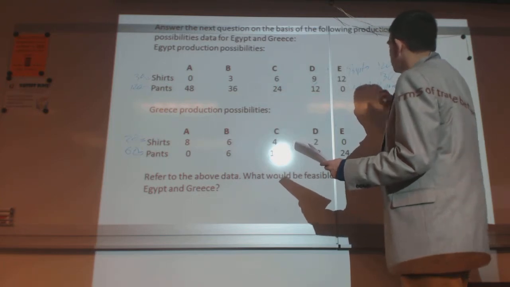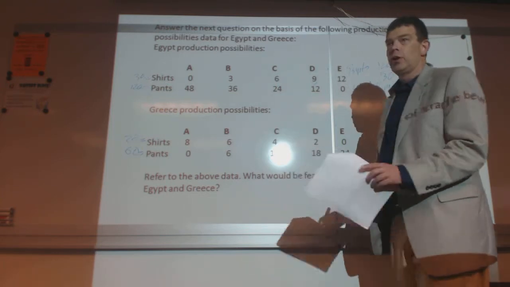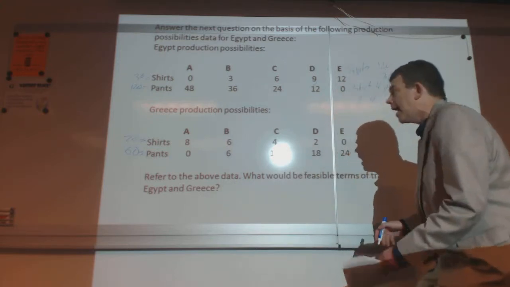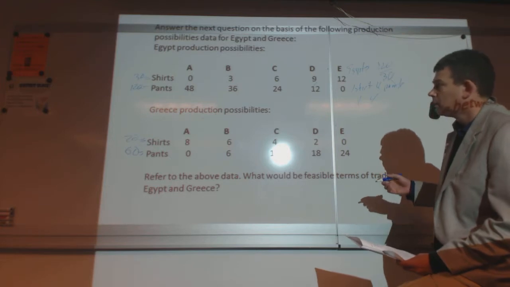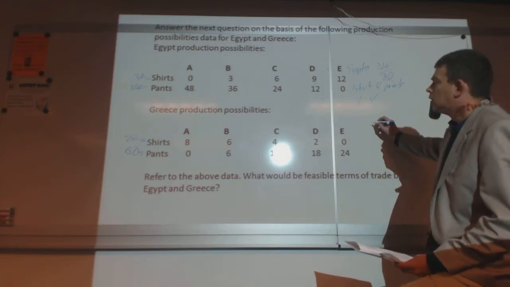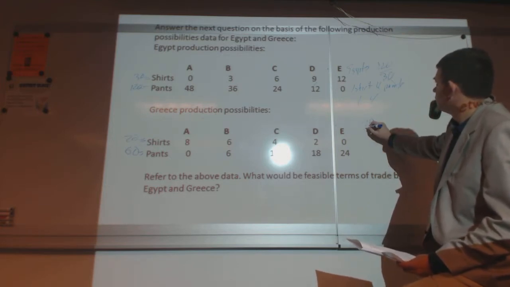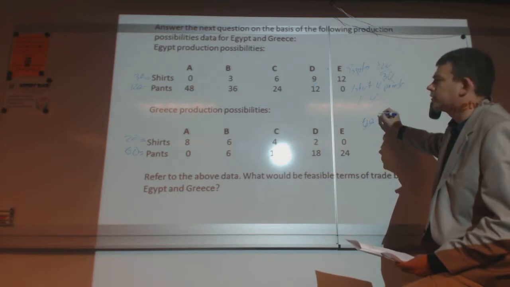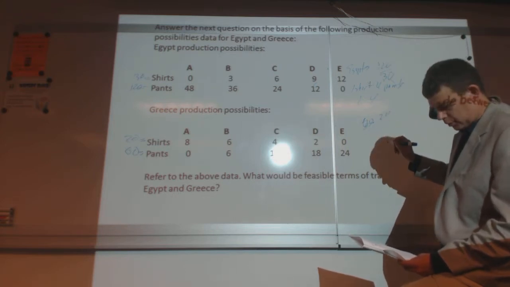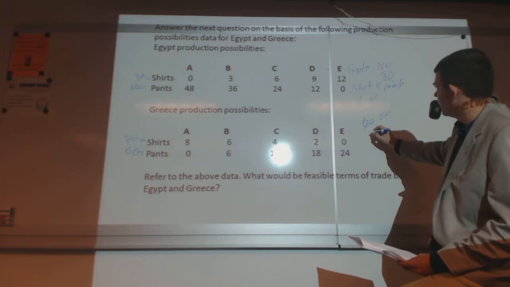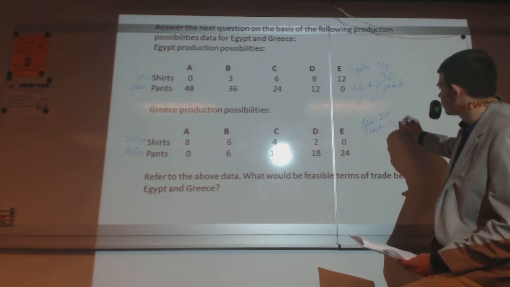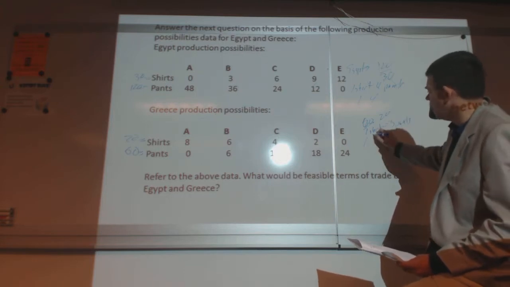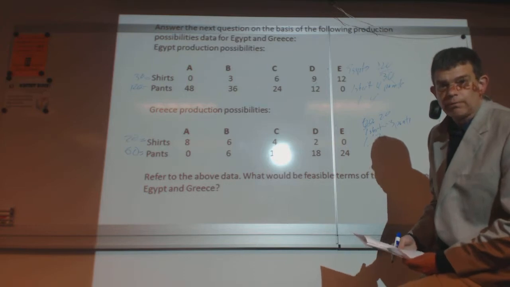It is a 1-to-4 ratio, right? Now let's do the same thing with our friends, the Greeks. If they do 20 shirts, or 60 pants for every 20 shirts, this appears to be what? 1 shirt for how many pants? 1 shirt is equal to 3 pairs of pants, or a 1-to-3 ratio.